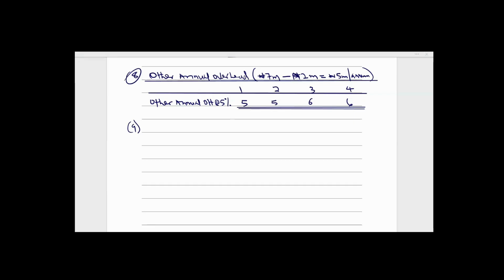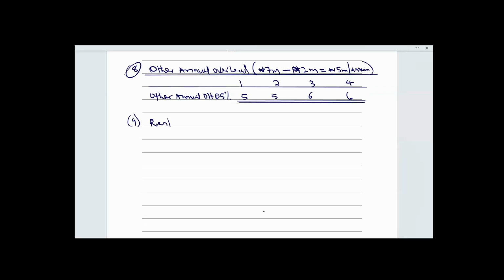So I would then say rent, opportunity cost. So this is 12 million per annum. Okay, so for year 1, 2, 3, and then year 4.